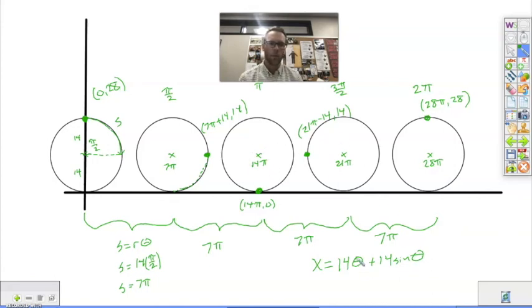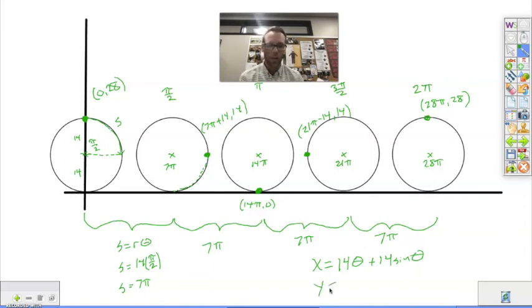How about at 3 pi over 2? 14 times 3 pi over 2 is 21 pi. The sine of 3 pi over 2 is negative 1, so 14 times negative 1 is minus 14. Out here again at 2 pi, that's 28 pi. The sine of 2 pi is 0, so that term is gone, and it works out. We've got that x-coordinate.